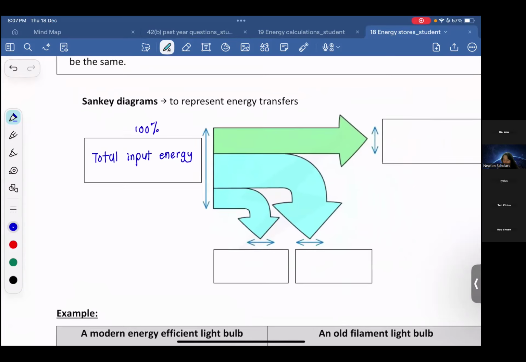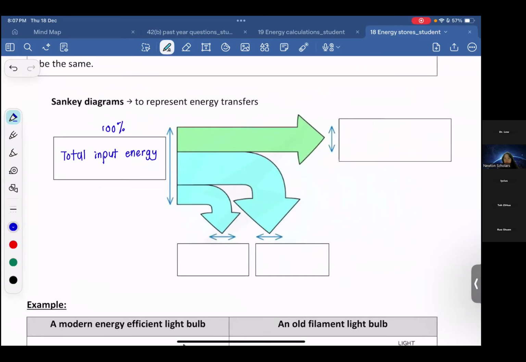But not all 100% goes to one form; it might go to other forms. Here, the part that goes straight most of the time we use to represent useful output energy. In this case, maybe we put 30% now.